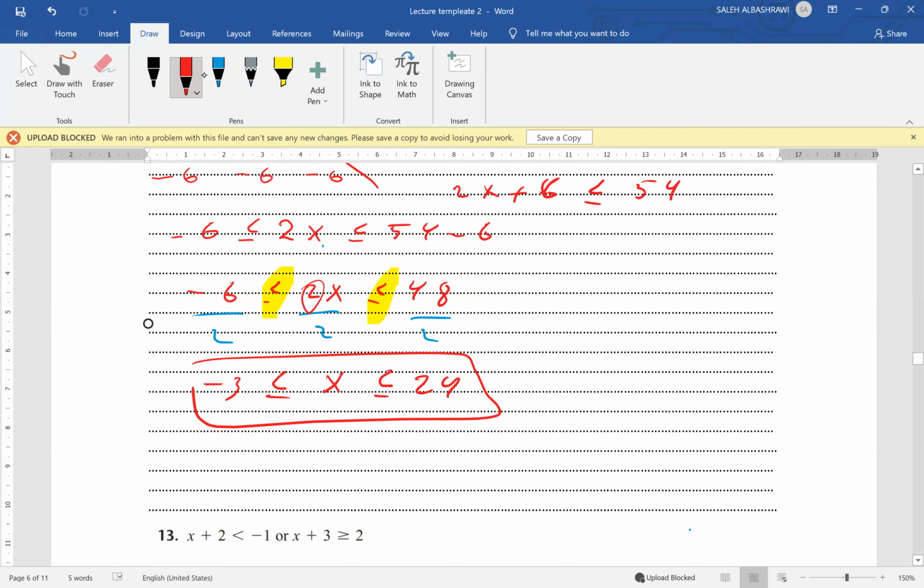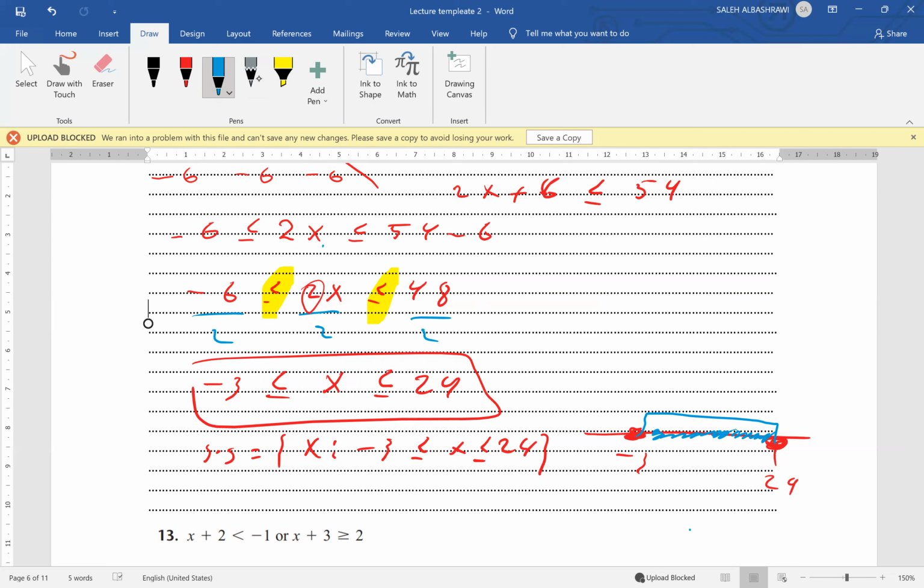You can say, using the set builder notation, it will be x where minus 3 less than or equal to x less than or equal to 24, and the graph for this one, minus 3 and 24, closed circles, and the solution will be this area between minus 3 and 24.